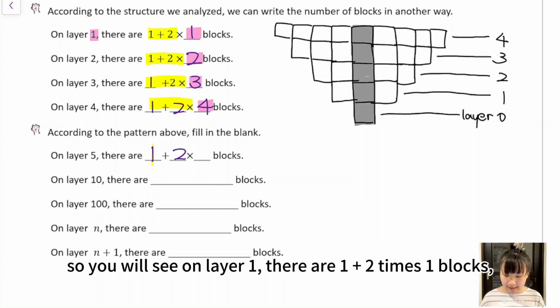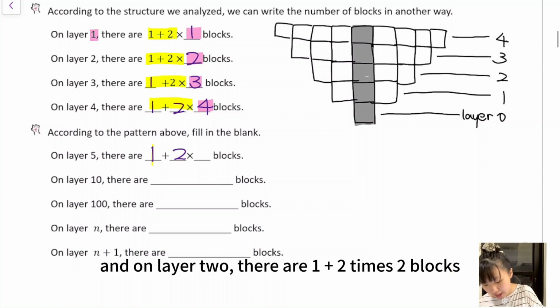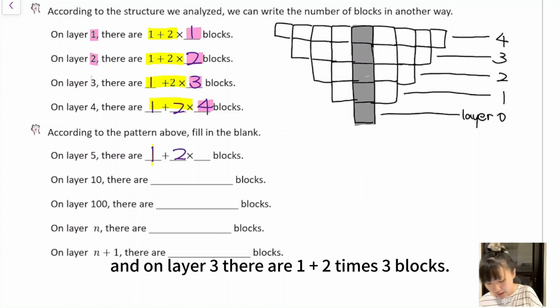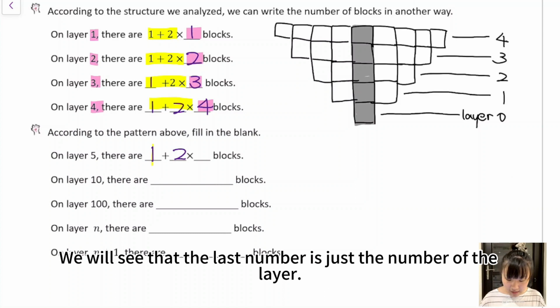So you will see on layer 1, there are 1 plus 2 times 1 blocks. And on layer 2, there are 1 plus 2 times 2 blocks. And on layer 3, there are 1 plus 2 times 3 blocks. We will see that the last number is just the number of the layer.